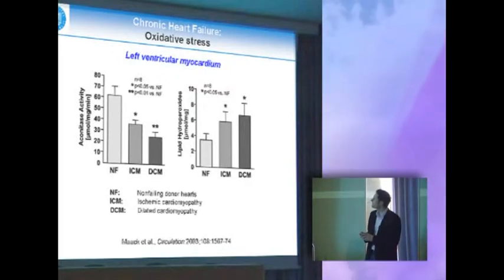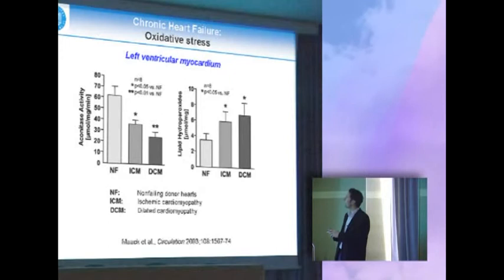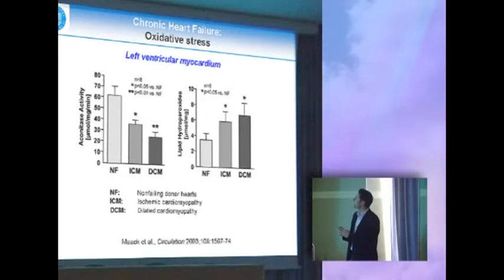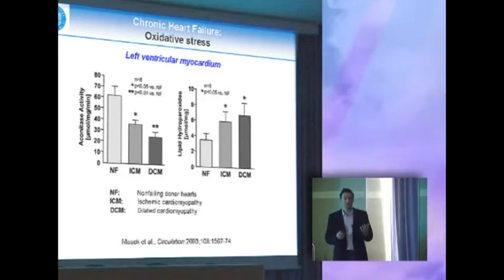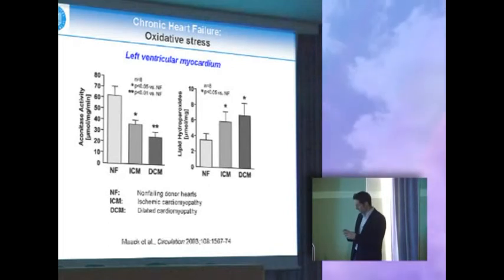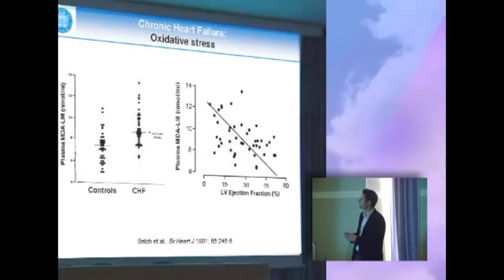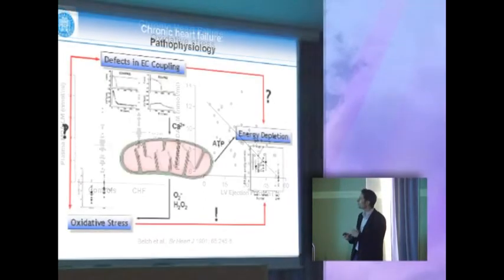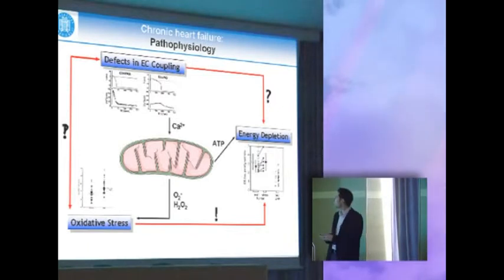So taken together, these three problems are oftentimes investigated separately from each other, but our focus is to see the interrelation between these. It's well known that oxidative stress can contribute to the defects in EC coupling and also to the energetic deficit.